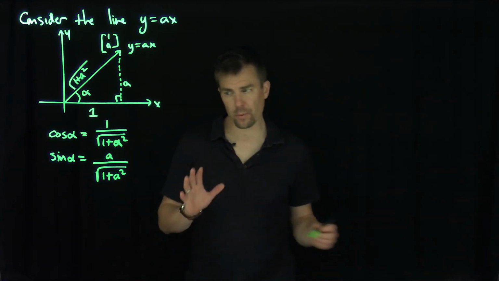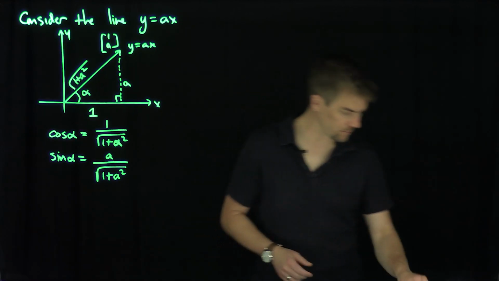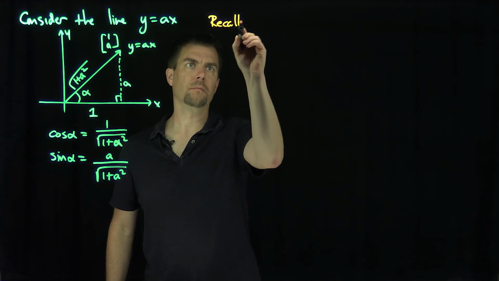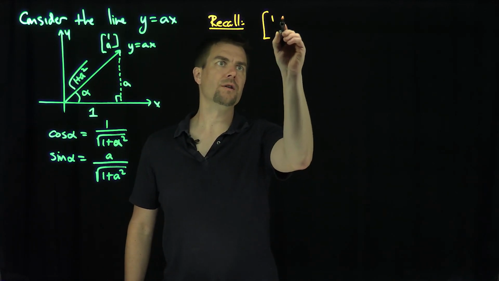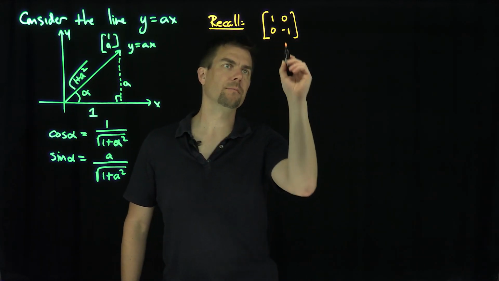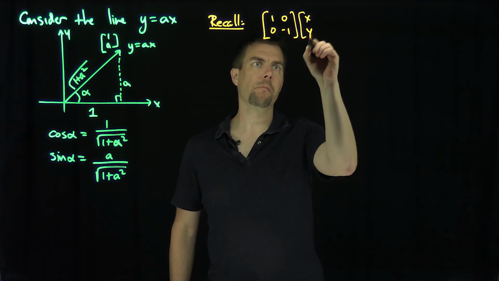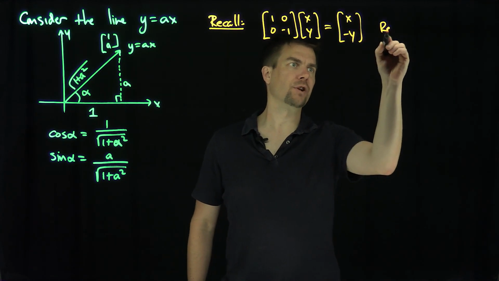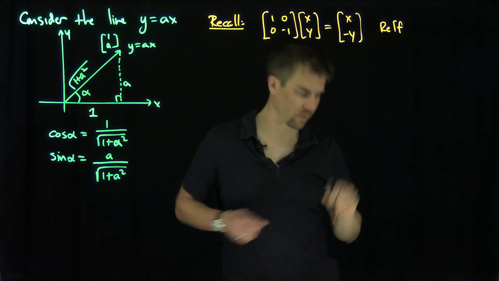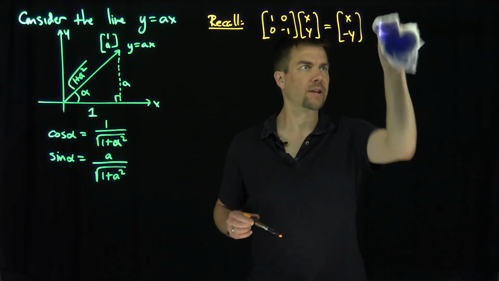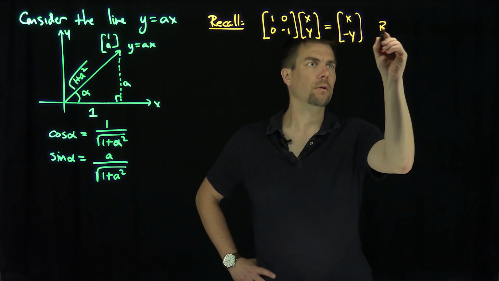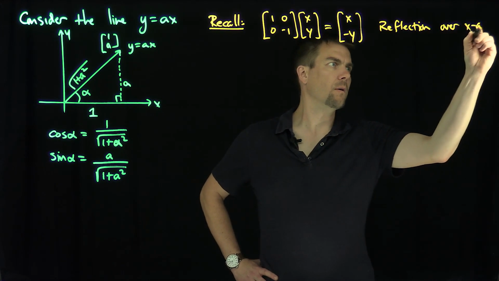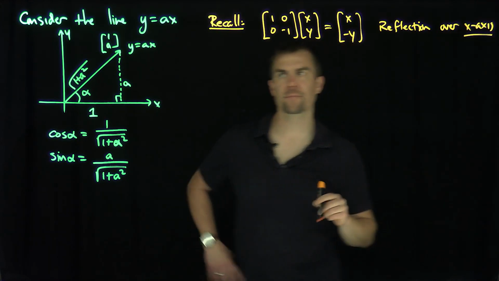So let's do two simple cases first. Let's recall the matrix 1, 0, 0, negative 1 takes a point (x, y) and sends it to (x, negative y). And this is reflection over the x-axis.